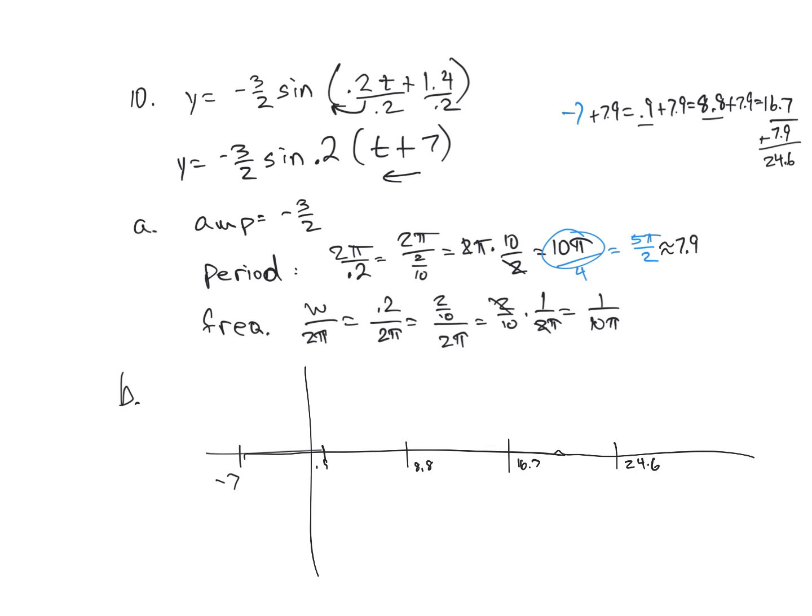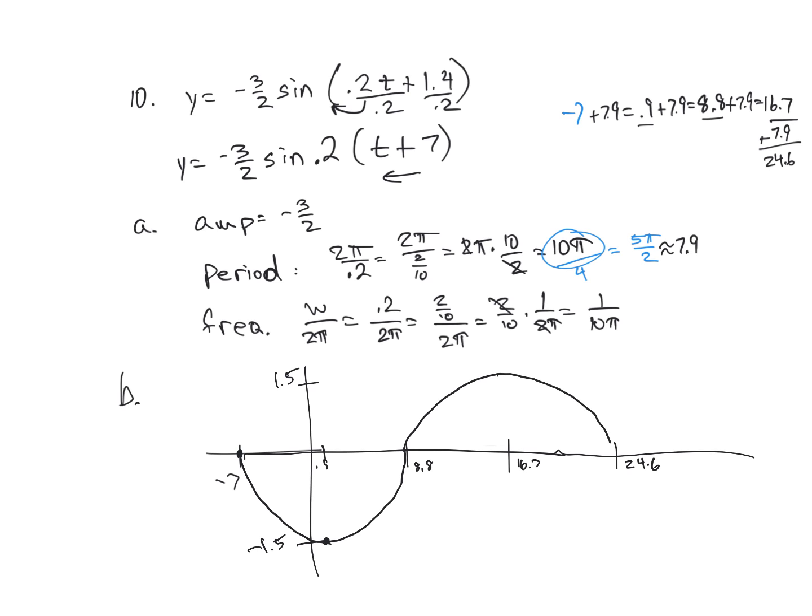Now we go ahead and draw this, but remember your amplitude is 1.5, so -1.5 and 1.5. And since we have the negative out in front, that flips the sign upside down, so we still start on the x-axis, but it is now going down instead of up through those points.